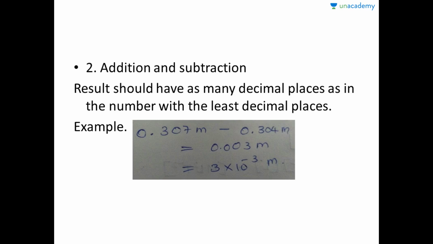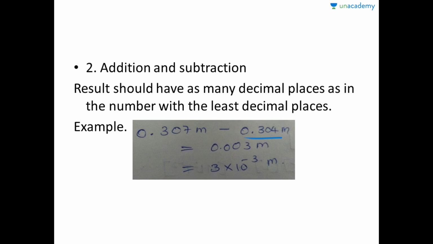Now for addition and subtraction, the result should have as many decimal places as in the number with the least decimal places. For example, if these two measurements are subtracted, you'll notice that both of them have 3 decimal places.